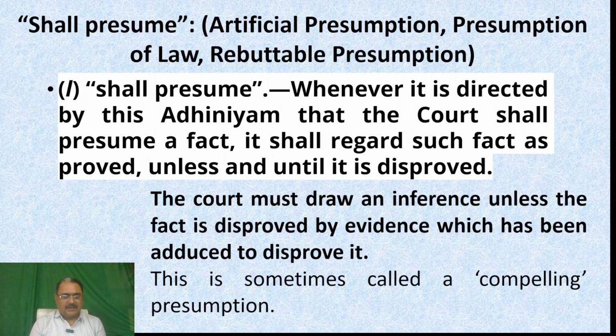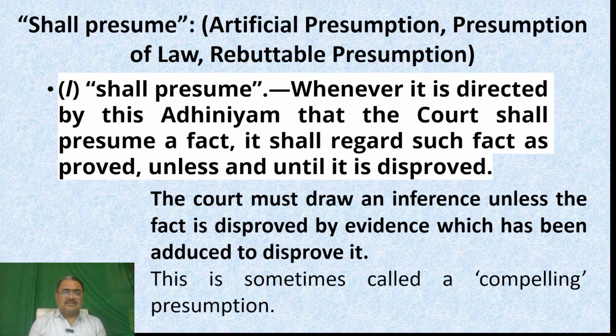To give you an example, say in a rape case, a girl alleged that she was sexually exploited forcibly or without her consent. In the court, she has given evidence that she has not given any consent.